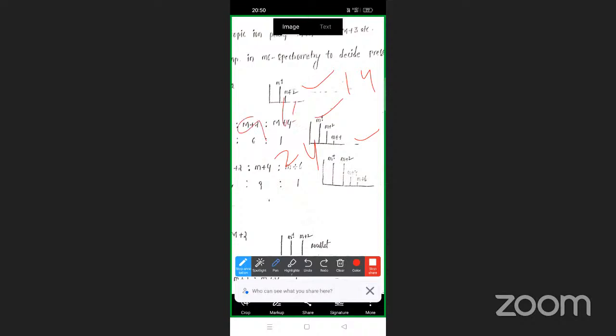The intensity ratio is 9:6:1. This is the molecular ion, and on the right side you can see the two isotopic peaks, M plus 2 and M plus 4. And you can see the difference in their intensities.